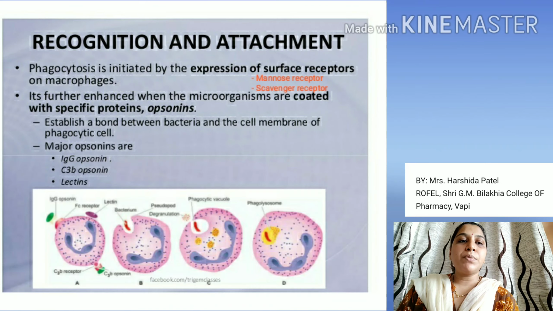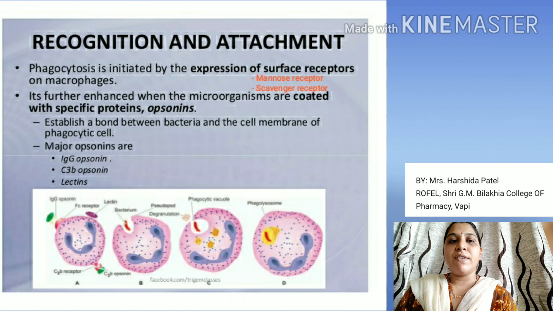Two types of receptors are there: the mannose receptor and the scavenger receptor. These two receptors are expressed on the surface of the macrophages. To further enhance this, the microorganisms are coated with specific proteins called opsonins.